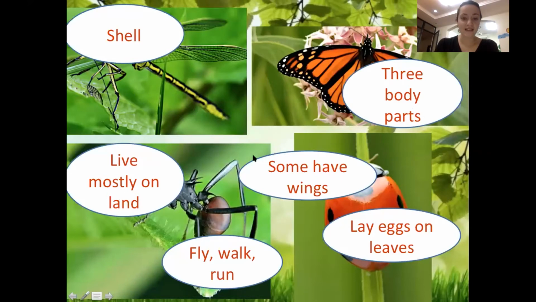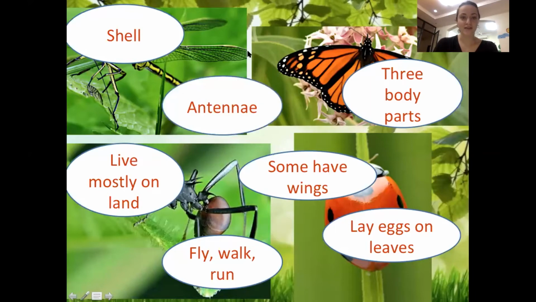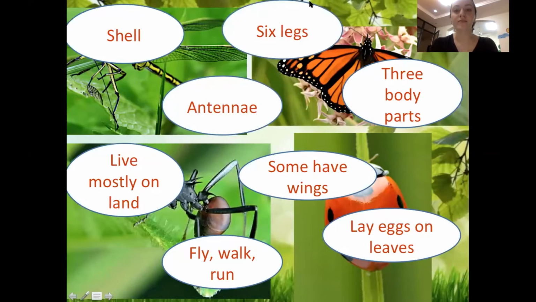Excellent job, Taylor. They have shells. They live mostly on land. They fly, they walk, they run, they crawl. Some have wings. They lay eggs on leaves, and they have 3 body parts. Good review. Oh, and of course, also antennae.